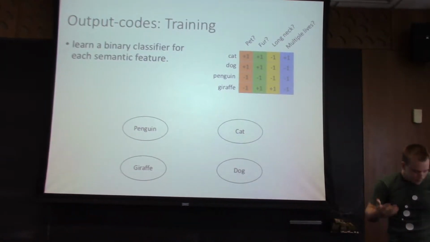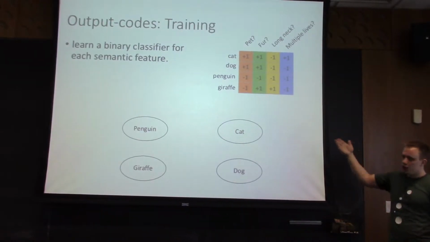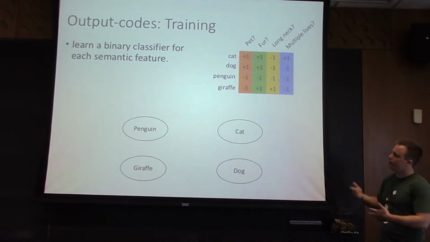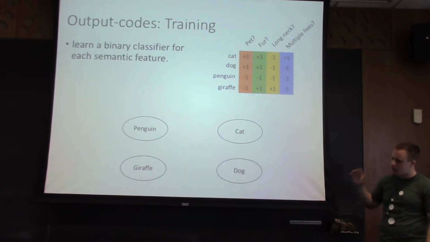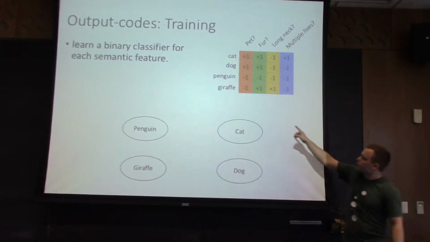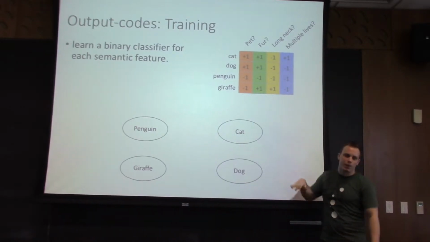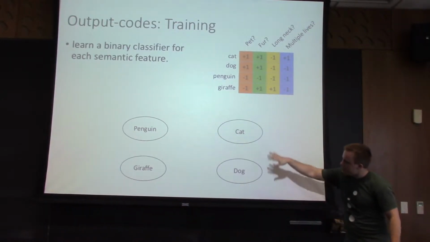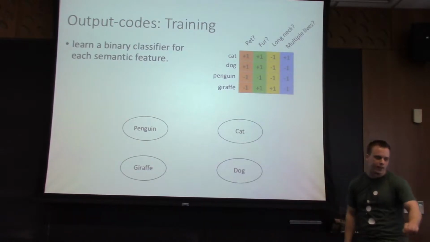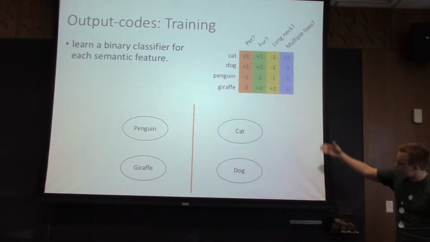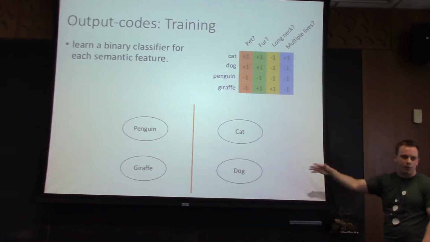I already talked about this, but the way you're going to learn an output code classifier is, for each of the columns of this matrix, you're going to try to learn a binary classifier that distinguishes the +1s from the -1s. So I have a schematic representation of the different classes in a problem. This orange linear separator is distinguishing the pets from the not pets.